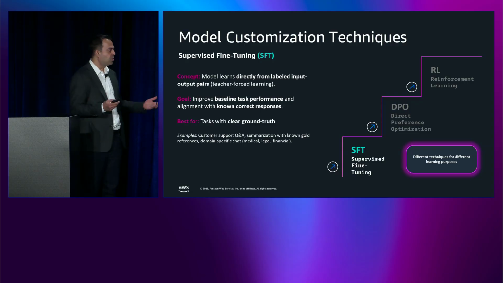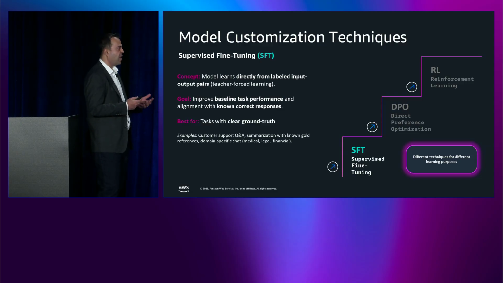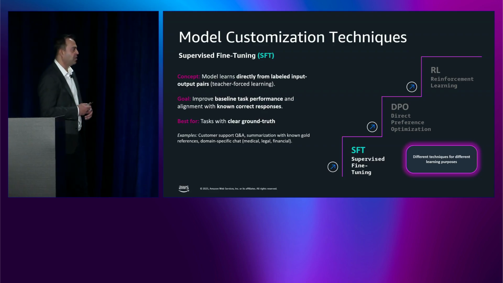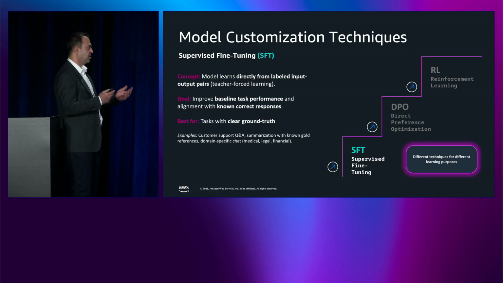So common use cases for supervised fine-tuning include customer support Q&As and summarization tasks where you have gold standard references, or even domain adaptation when you need to adapt your model to, let's say, jargon or terms from the medical field or legal or finance.